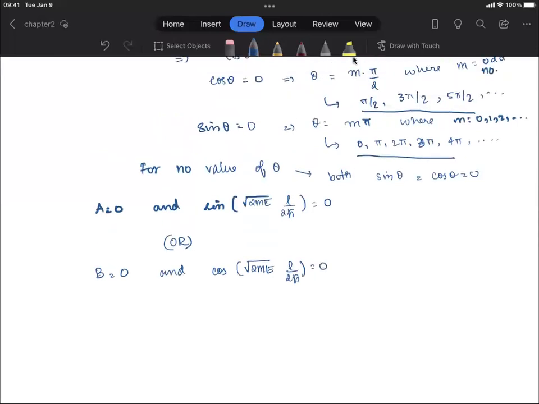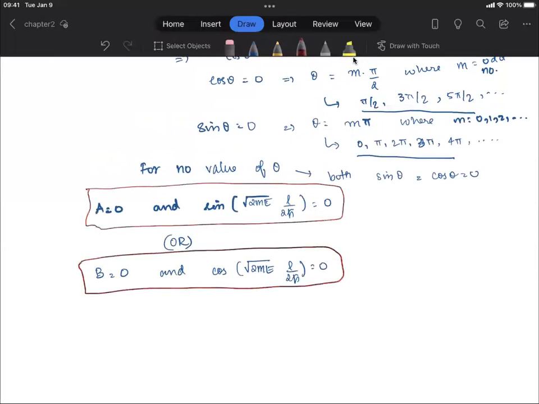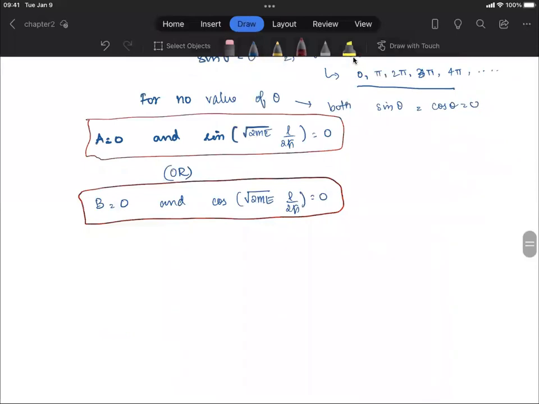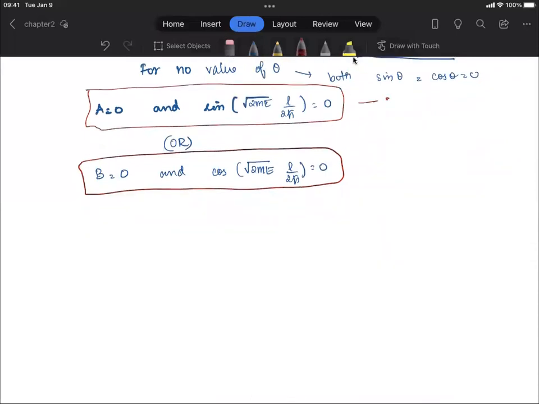So these are the two possible scenarios that can happen. So now if A is equal to 0, right? Let's call these cases 3 and 4. Now let's study case 3.